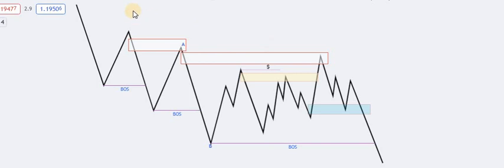The higher time frame is bearish. Taking these buys here is not a bad idea, except you know where to get out. Taking the buys here and expecting price to actually do this is really unsafe.